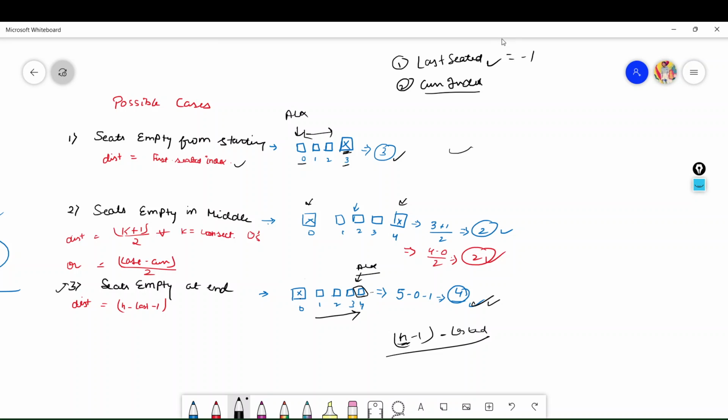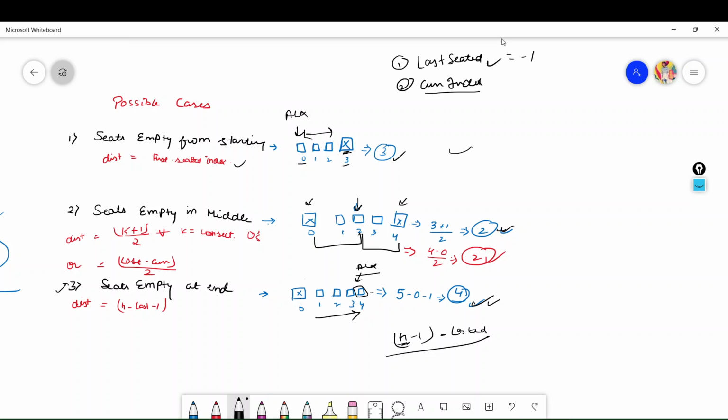In that case, you can simply do (k plus 1) divided by 2, and the value you get will be the maximum distance he can enjoy, right? So in this case, you can see that 3 consecutive empty seats are there. So you can do (3 plus 1) divided by 2, that would give 2, right? So if Alex sits at this index, he will enjoy a distance of 2 from this position, also 2 from this position, right? So 2 will be our answer in this case.